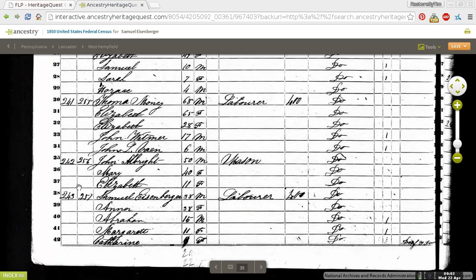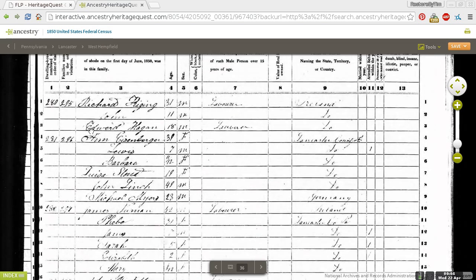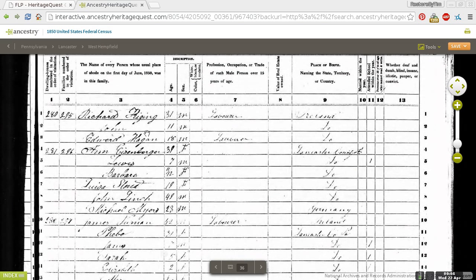If you see a large gap in your dwelling numbers, just do a little search a few pages before, a few pages after, to see if you can find where those dwelling numbers ought to continue. And then you'll be able to piece together the whole family.